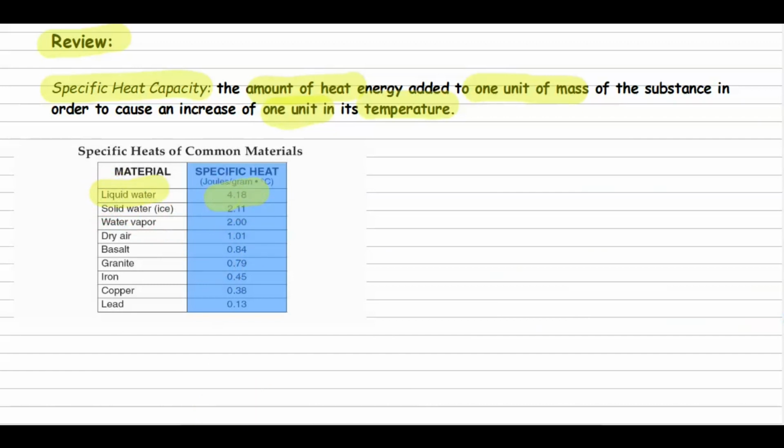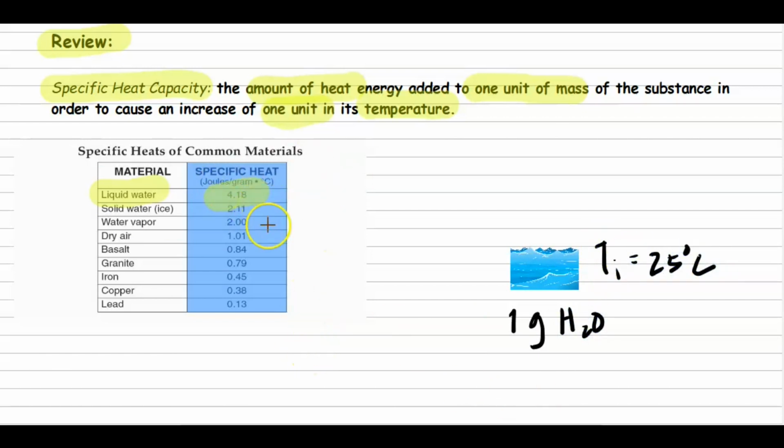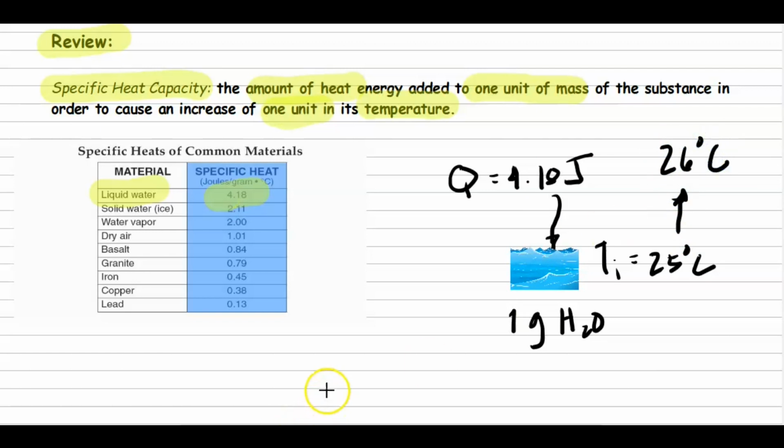Let's say I have 1 gram of water with an initial temperature of 25 degrees Celsius. If I add a heat of 4.18 joules to the water, we will observe an increase of 1 degree in its temperature. That is also true with other materials, but take note they have different specific heats.